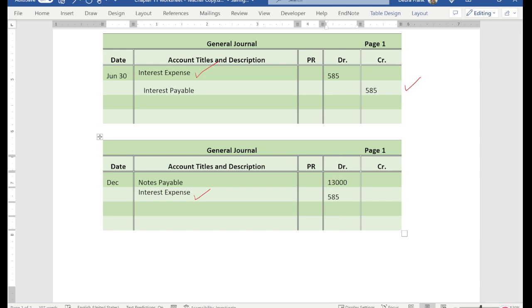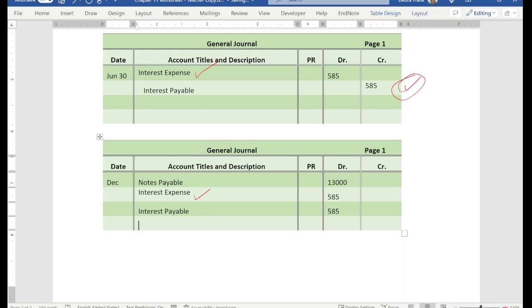And they're also paying this interest payable here, what I just checkmarked. We're also going to pay that, so we're going to record a debit for interest payable as well. That just so happened to be the same amount because it was half a year each time that we recorded the accrual. Okay, and so those are all my debits.